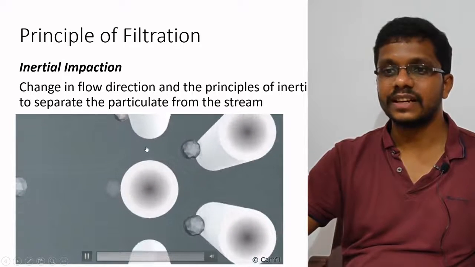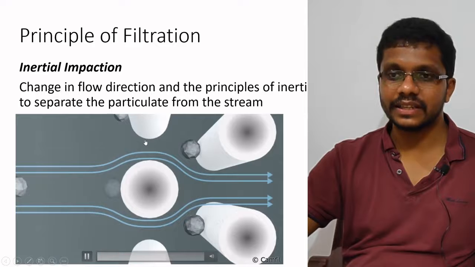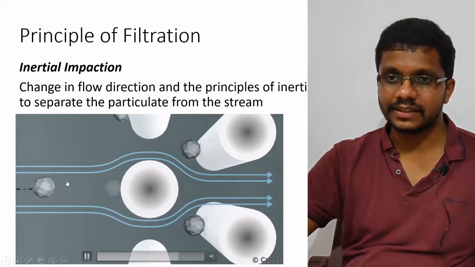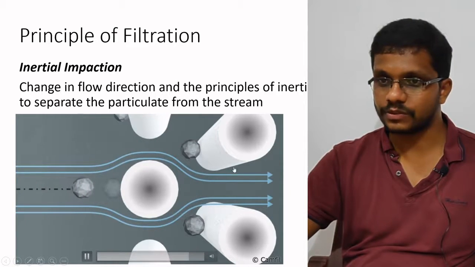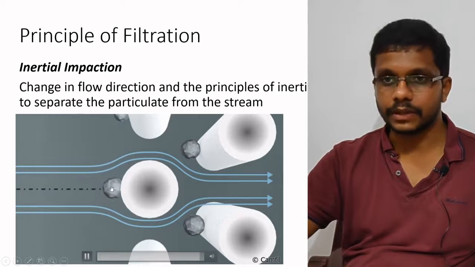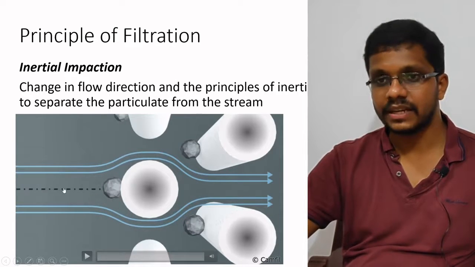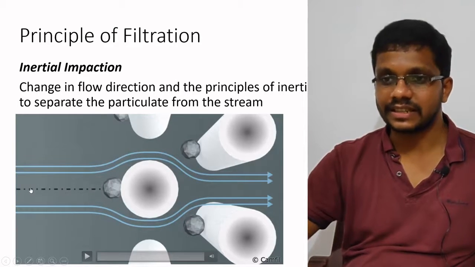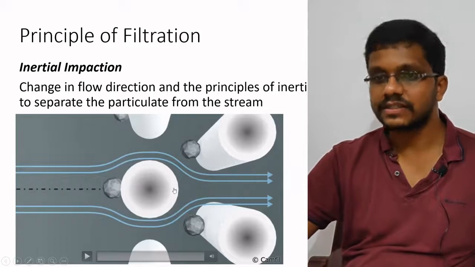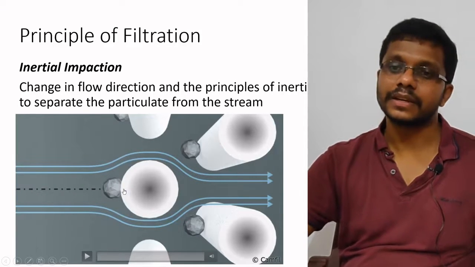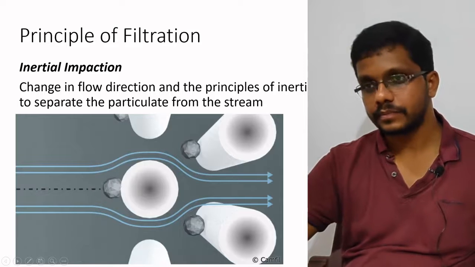You can see that the gap between the filter medium is high. This one would actually go through this place, but it won't because of internal impaction. It is not changing the direction of the flow. It just gets accumulated in the filter media.